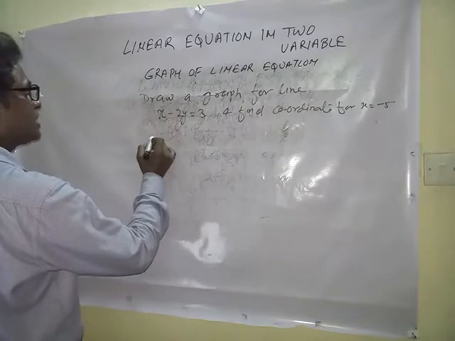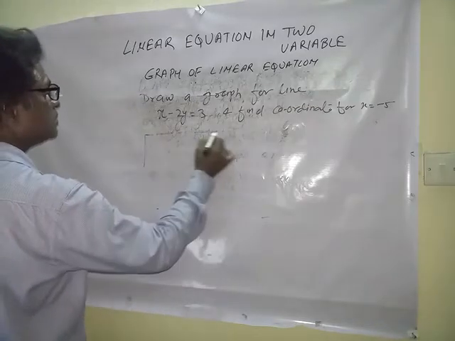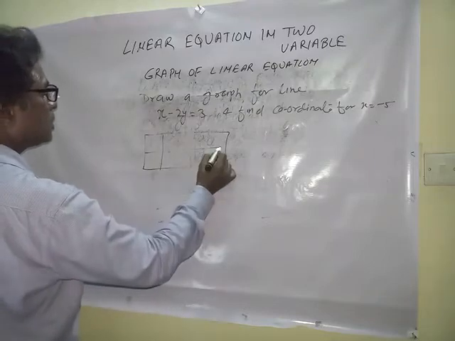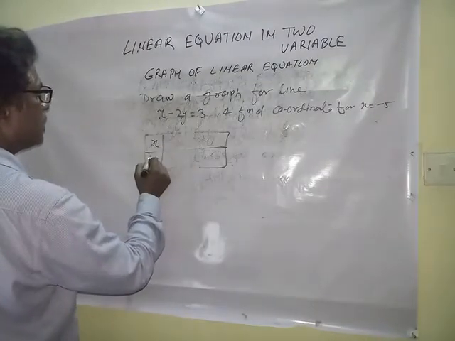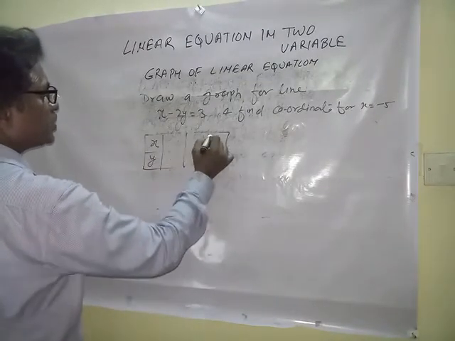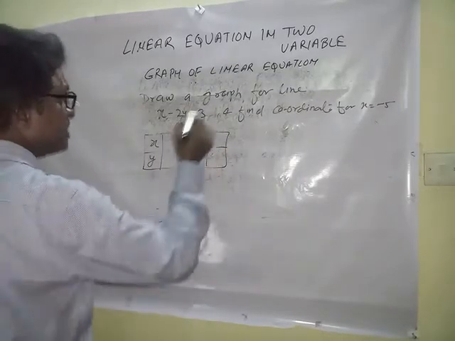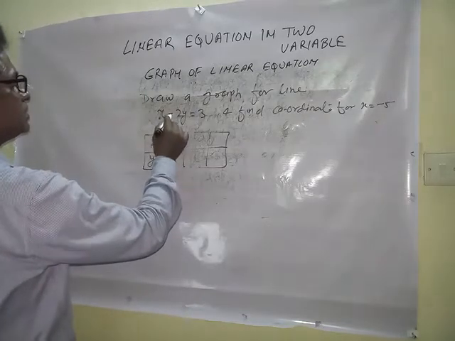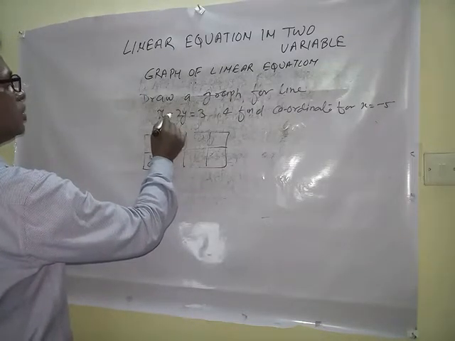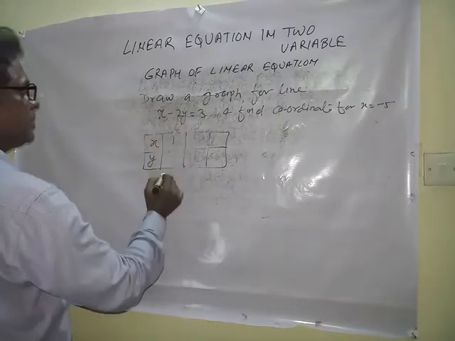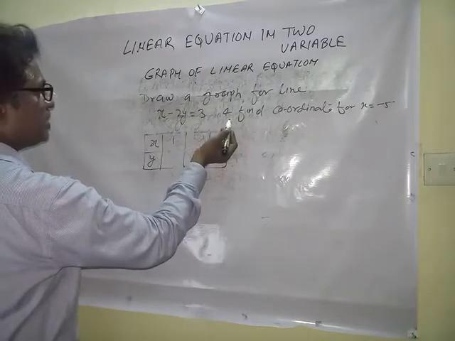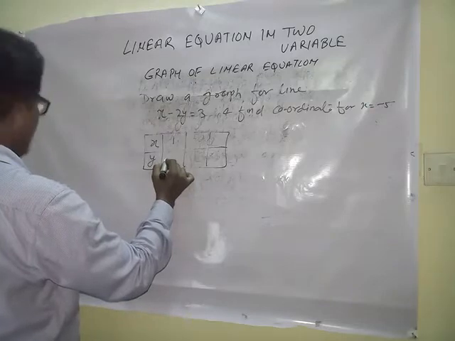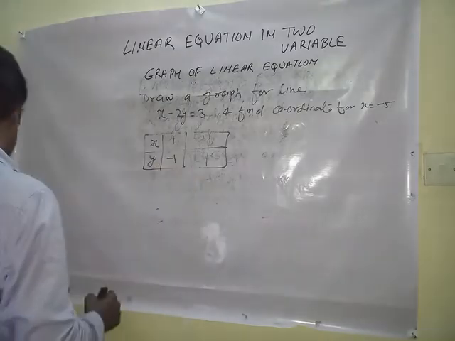So let us say x is equal to 1. Once you have the integer value, it will be easy to draw the graph. X is equal to 1, then minus 2y plus 3, take 1 here, 2, so y is equal to minus 1.